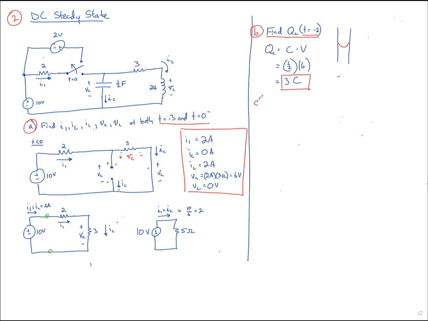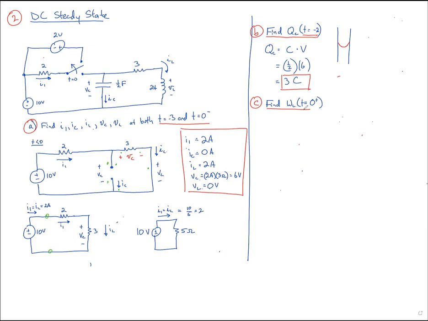There's one last part to this problem, and that is find the energy stored inside the inductor at time equals 0 plus. So that's tricky because at 0 plus, the switch is closed and now there's all sorts of currents and voltages changing in the circuit.